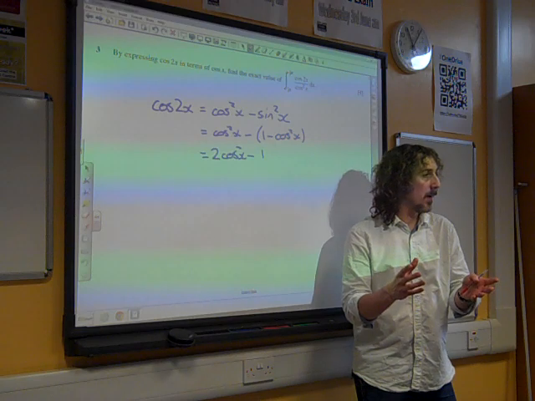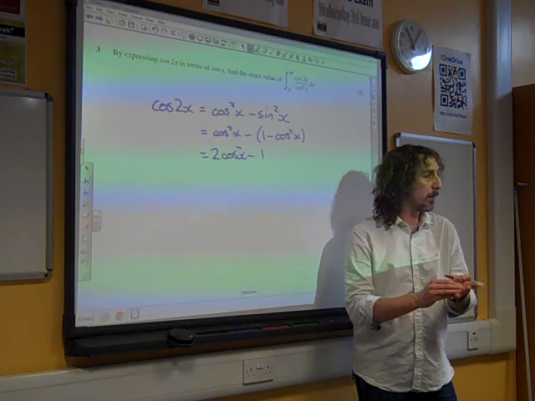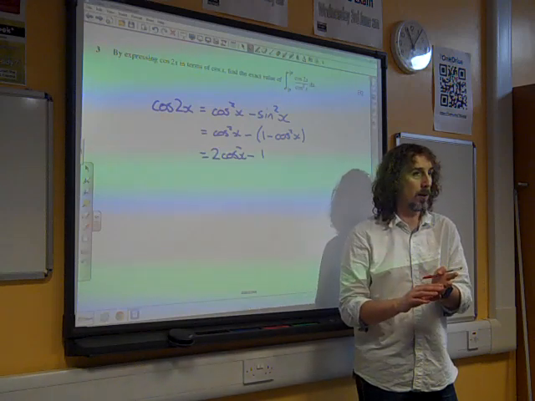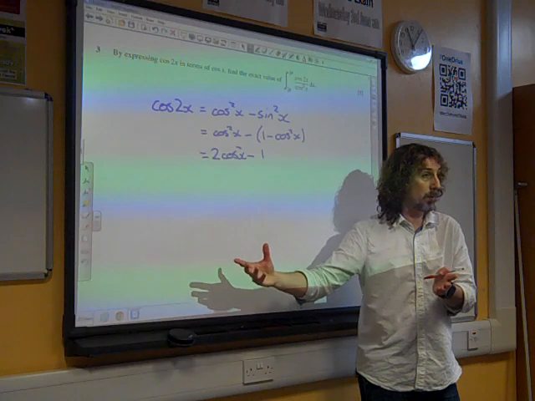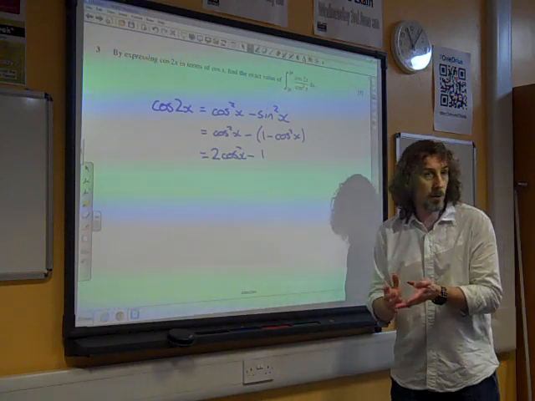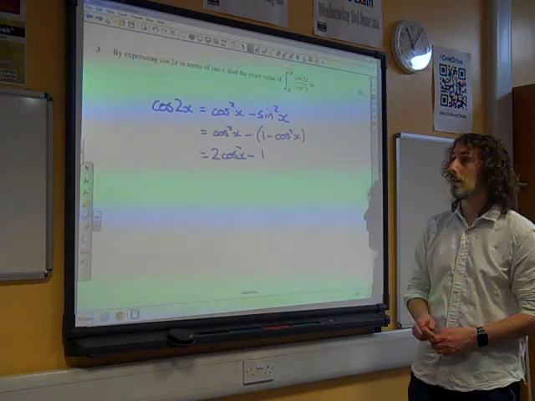As soon as there's any differentiation or integration involved, we must be completely in radians and not think about degrees at all. It's all right in vectors, because we're not doing any calculus, but once we get into anything else in core 3 or core 4, we need to be working in radians if there's calculus involved.